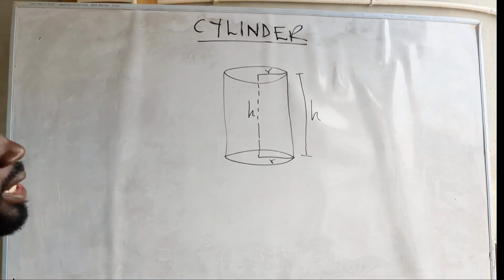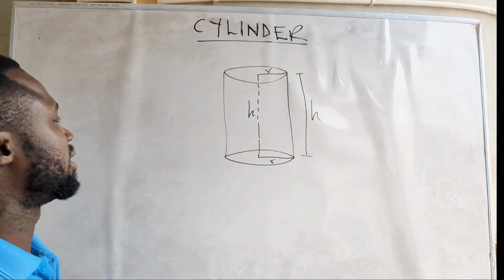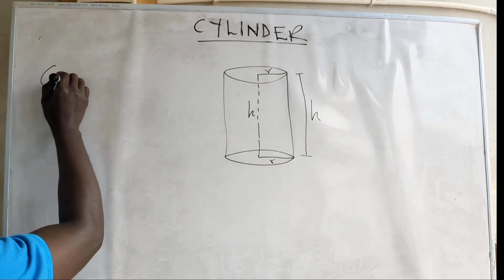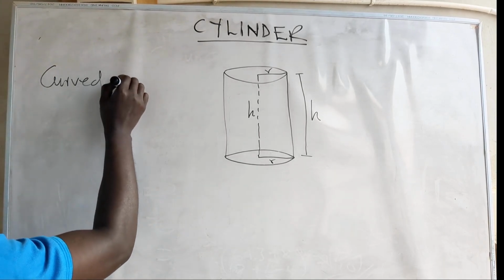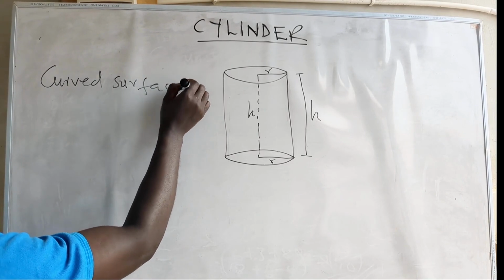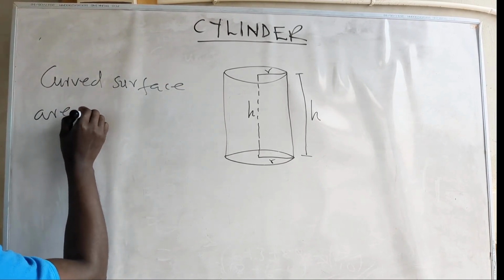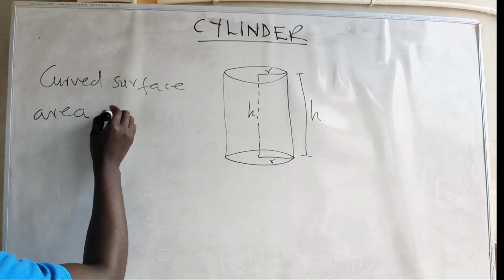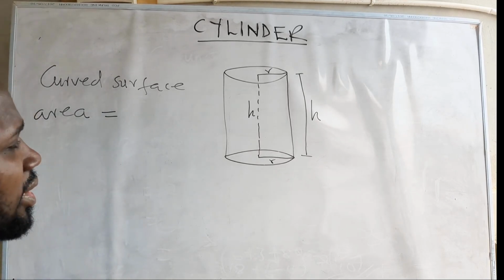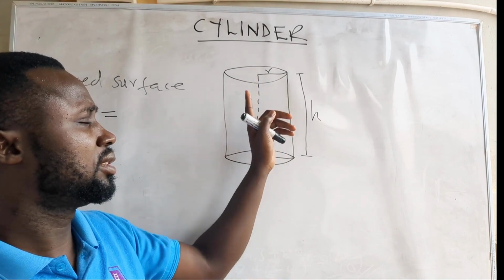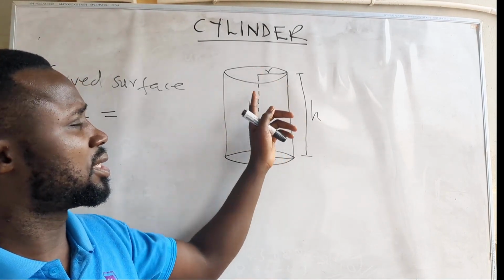Let's look at the curved surface area of the cylinder. That is the area excluding the circular bases.